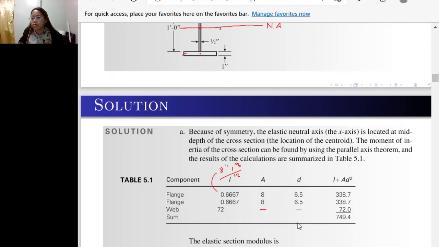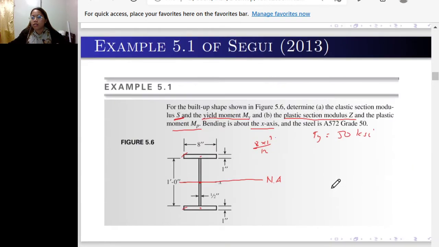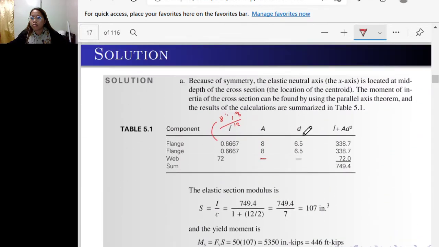You have the area, but since you don't have the D because your neutral axis is at the center, if you try to get the D, you won't get any distance. So, meaning D is 0, you cannot count it. Only the I will be accounted for in the value of I plus AD squared. So the sum of this is this value, 749.4.